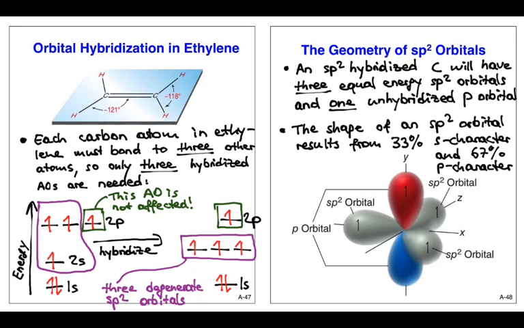So a little bit more s character, right? Down here we have these 3 sp2 orbitals, illustrated in gray. They all lie within one plane, one in the back, one in the front, and one in the plane of the board. And then the p orbital, which was unaffected by hybridization, is shown in red and blue.